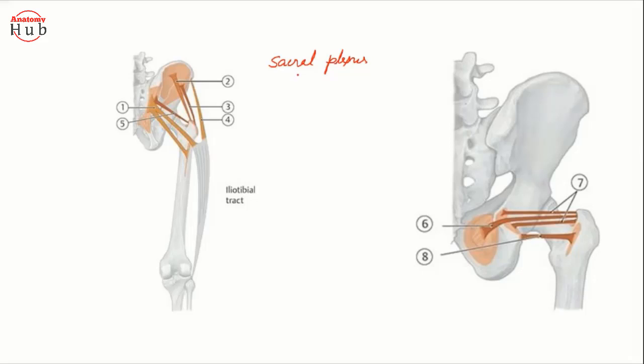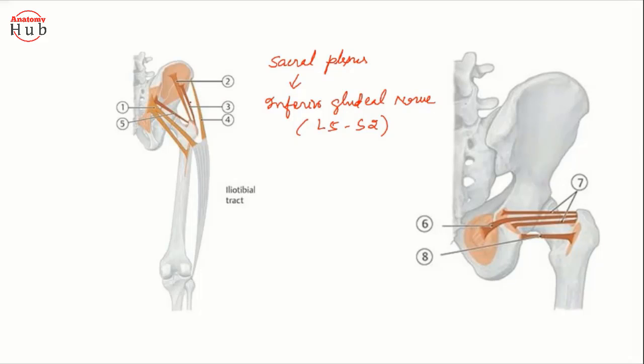That nerve is the inferior gluteal nerve, and the root value of that is L5 to S2.